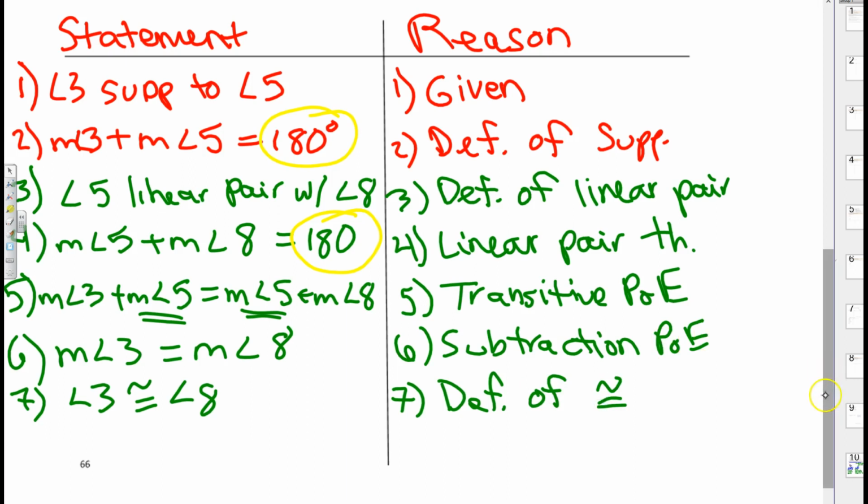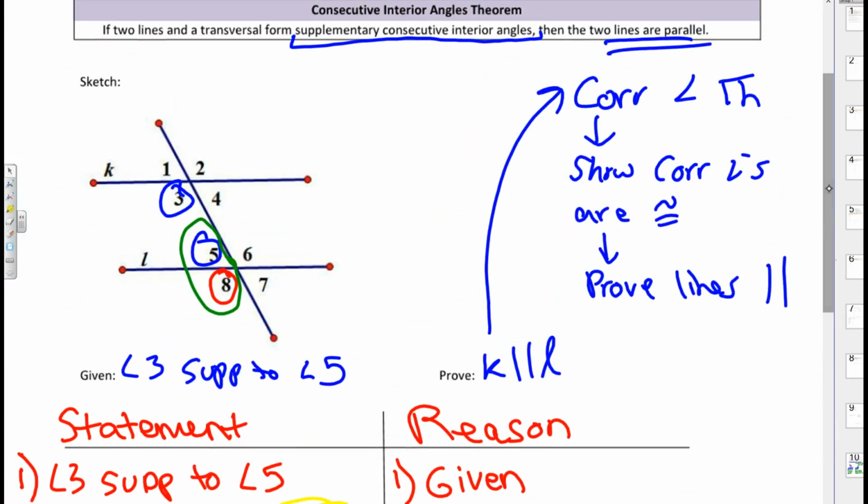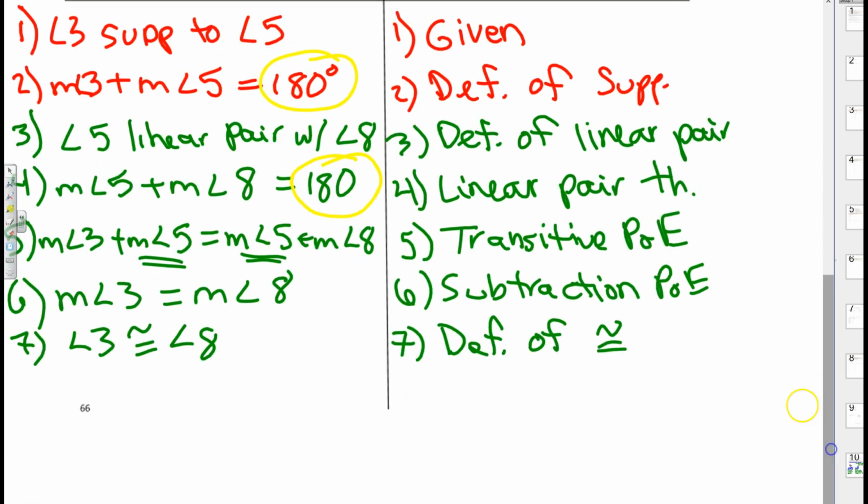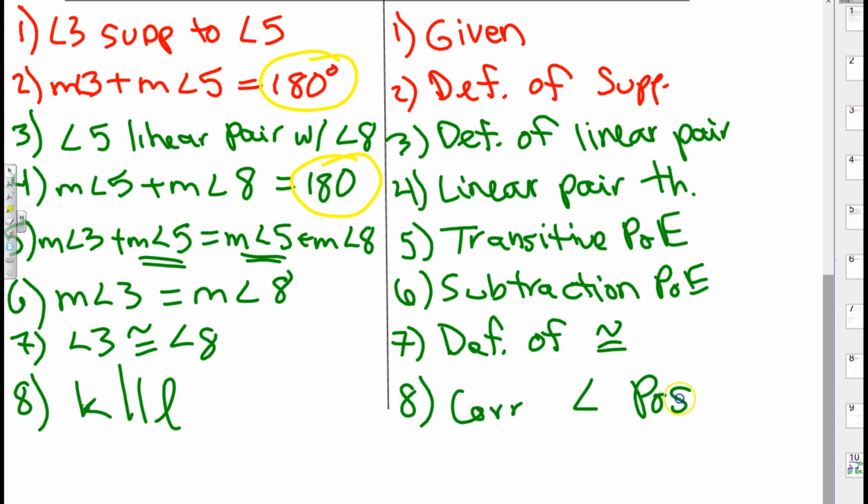And guys, remember up here at our original plan, we said that if we could show that corresponding angles are congruent, that proves my lines parallel by the corresponding angles theorem. So we just showed that 3 and 8 are congruent and they are corresponding angles. So that allows me to prove that K is parallel to L by the corresponding angle postulate.